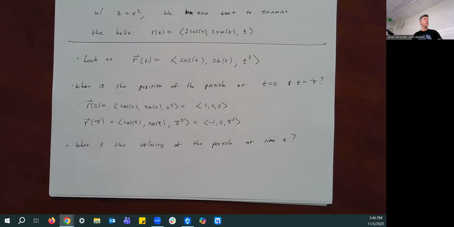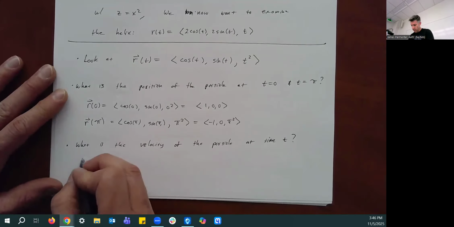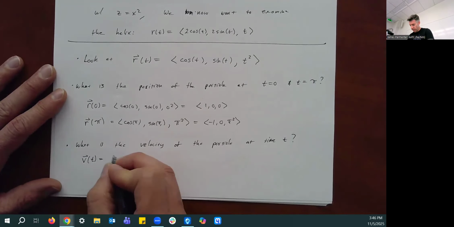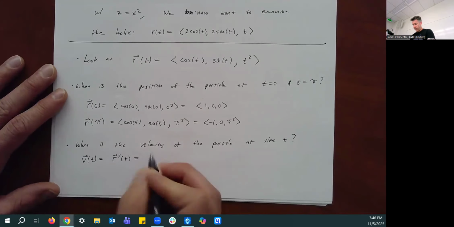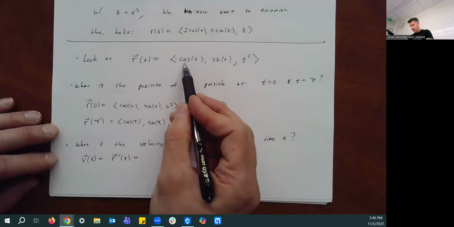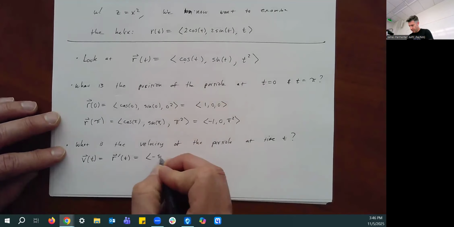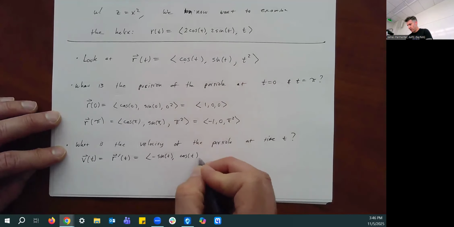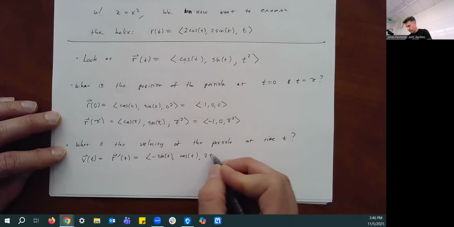Velocity is the derivative of position. Acceleration is the derivative of velocity. So our velocity at any time t is just the derivative of r, and you take the derivative component-wise. So it's the derivative of cosine, which is negative sine of t, the derivative of sine, which is positive cosine of t, and the derivative of t squared, which is 2t.